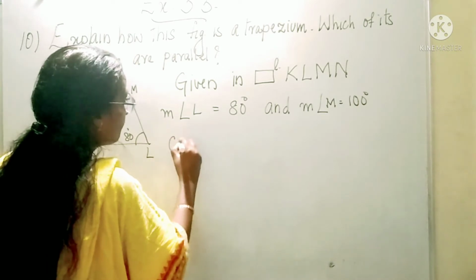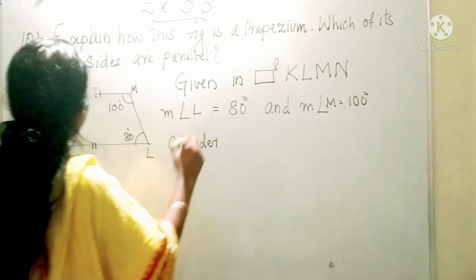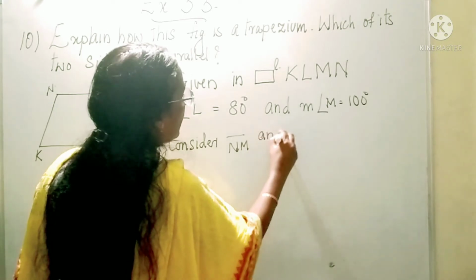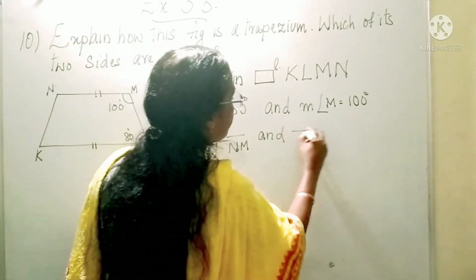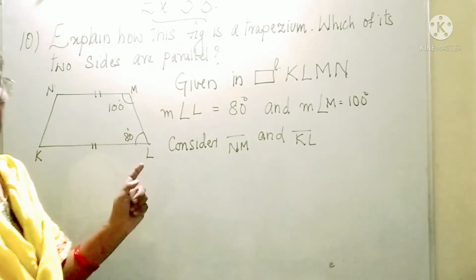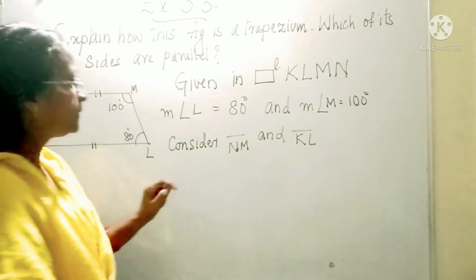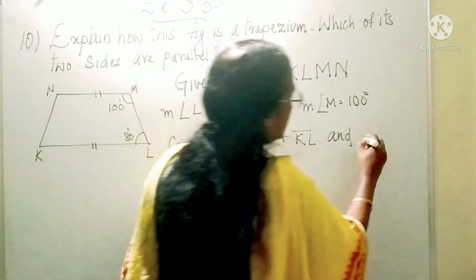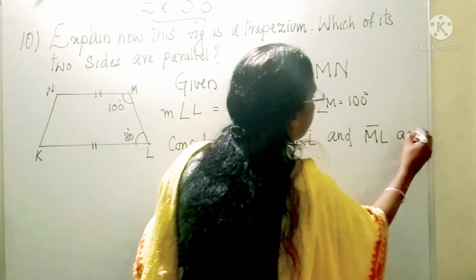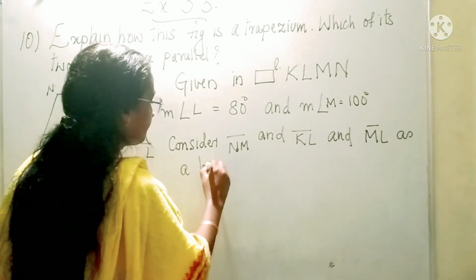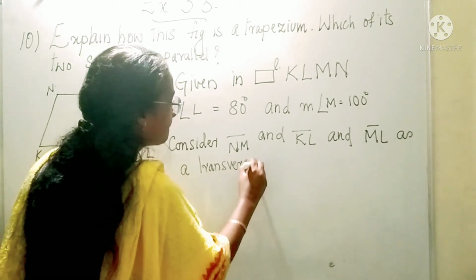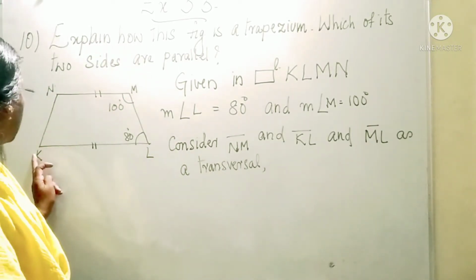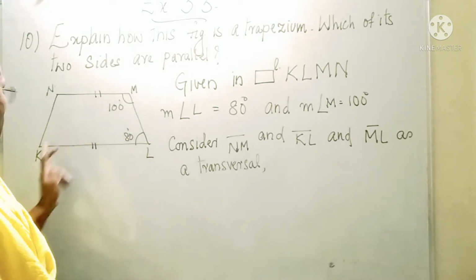So consider line segment NM and line segment KL, and ML as a transversal.